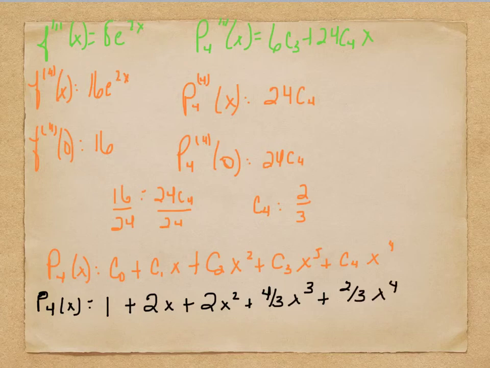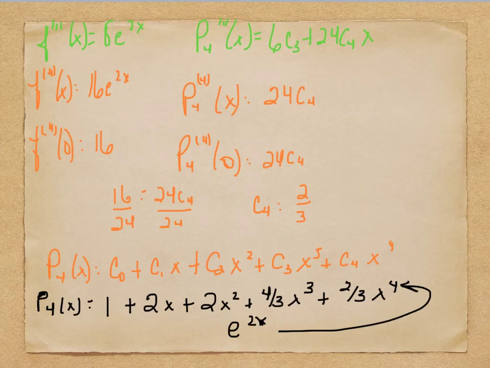And that is our fourth degree power series for e to the 2x. What we are saying is that e to the 2x could be modeled by this equation as long as you stayed close to x equals 0. Because remember, 0 was the value that we substituted in for our a.